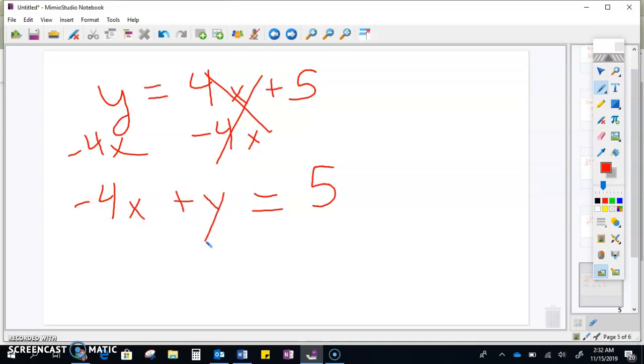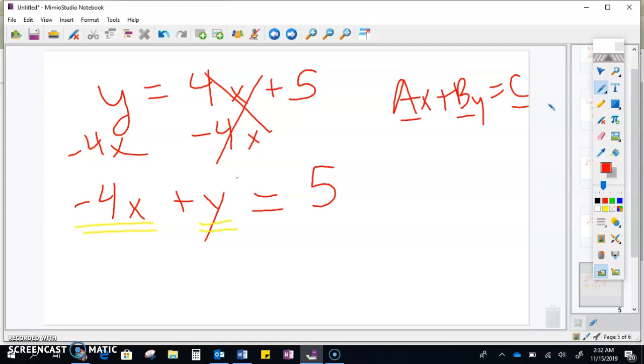That y was positive. Now, when you write your standard form equation, we want the x variable and coefficient listed first, and then y second, because standard form tells us ax plus by equals c. A, b, and c are going to be represented with numbers.